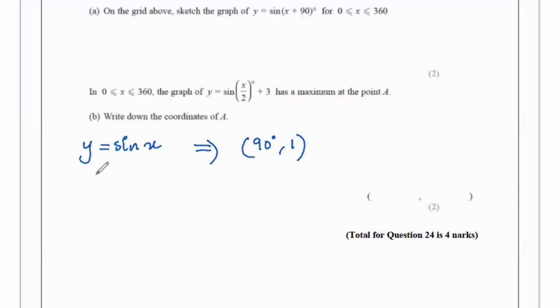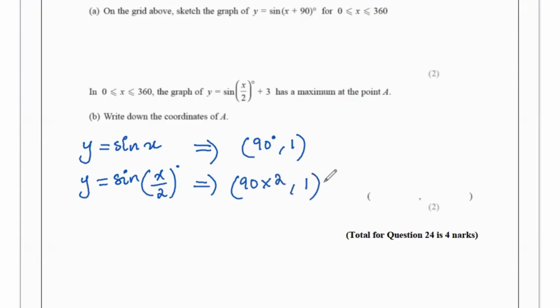So if we do the step-by-step transformation of the curve, first we do y equals sine of x over 2 degrees. When something is dividing x, you multiply the x coordinate. So we do 90 times 2 for the x value, and 1 remains as it is. That gives us 180 and 1.